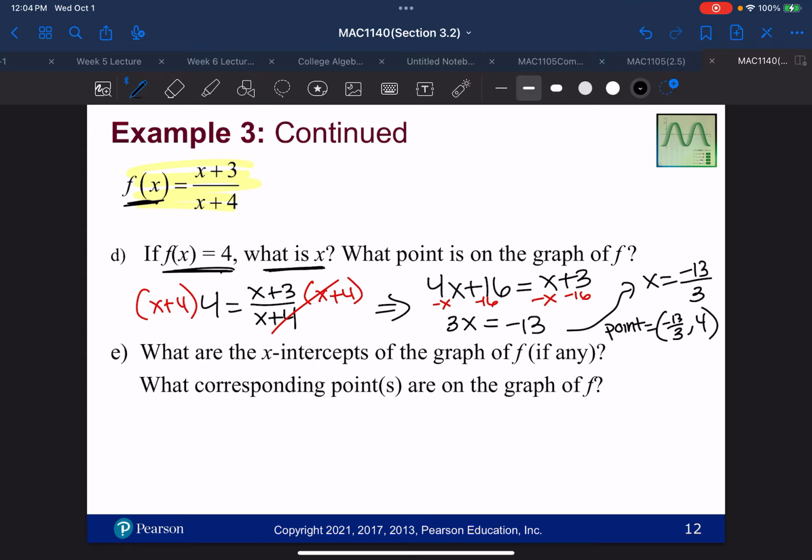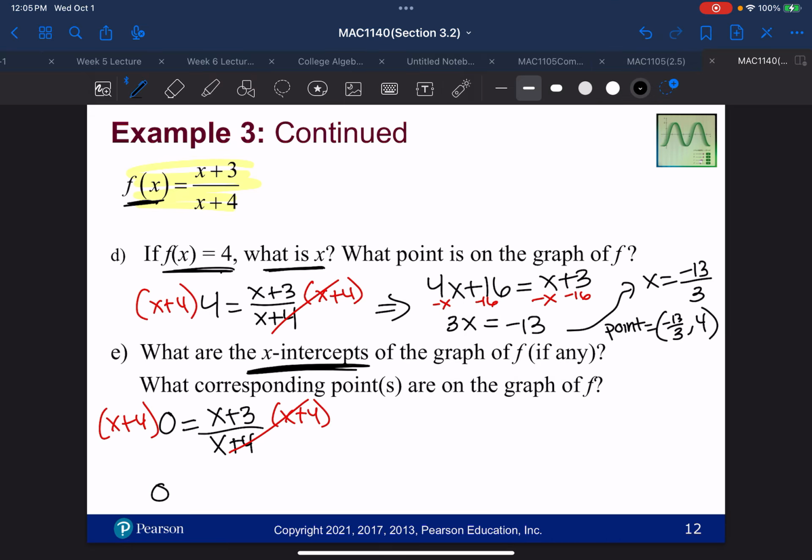E, what are the x-intercepts of the graph, if any? So to find an x-intercept, we plug 0 in for y. And then, of course, we will have to multiply both sides by that x plus 4 again. So they'll cancel, but 0 times anything is 0.